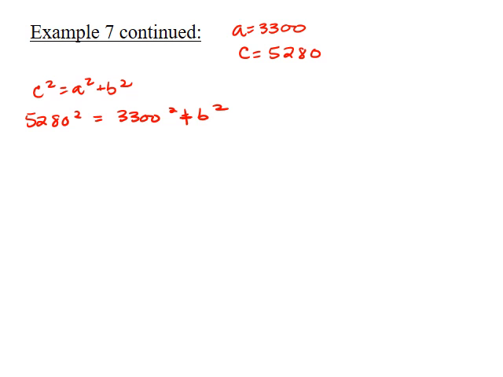I'm going to get a big number for B squared. B squared is equal to 16,988,400, and I can leave that as is.